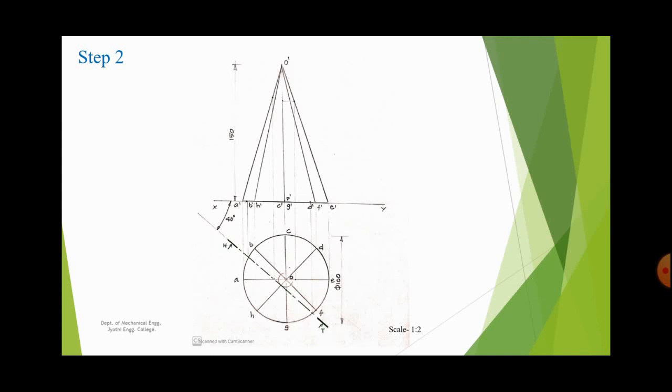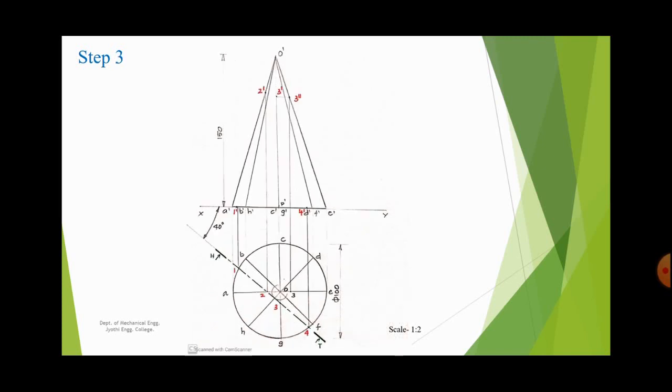So in order to draw the cutting plane, you draw an arc of length 15 mm. Here it is 1:2 scale, so 7.5 mm, and taking an angle of 40 degree, you draw the cutting plane. The cutting plane will pass like this, which I drawn in green color.